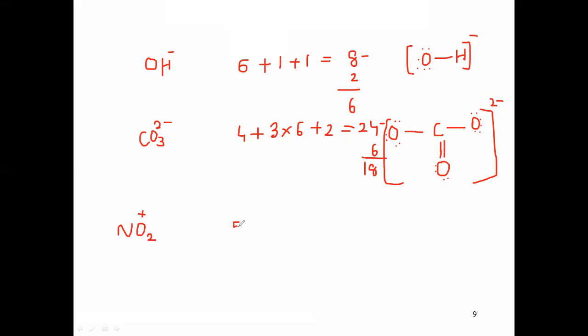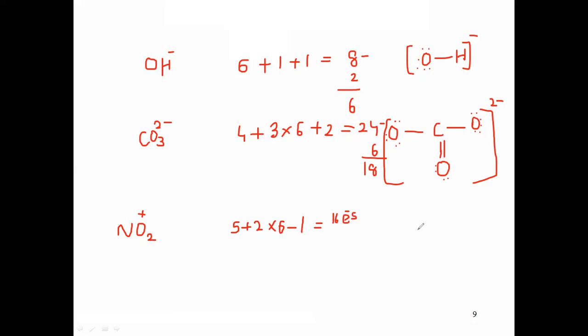Nitrogen with 5 valence electrons, plus 2 oxygen atoms with 6 valence electrons each, and 1 positive charge, so we have to subtract 1 valence electron. The total: 5 plus 2 into 6, 12, so 12 plus 5, 17. 17 minus 1, 16 electrons. Okay, 16 electrons are there.